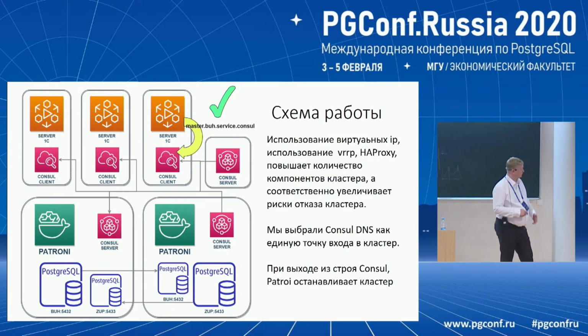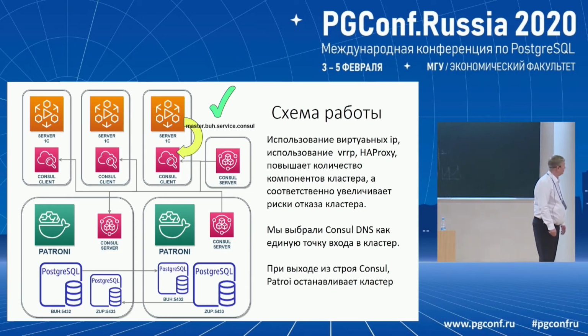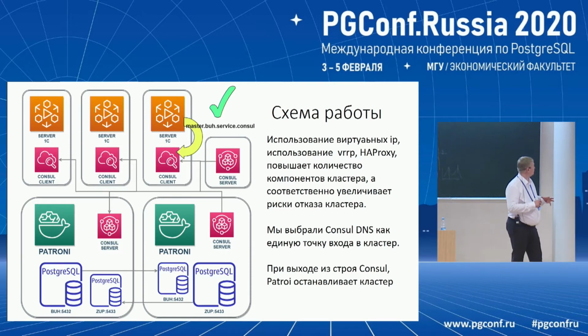But we do not have split brain, and the two masters do not happen. We reduced the number of components in the system to ensure stability. I will also tell you how this happens from the Consul point of view, the single point of access, which issues we had and how we resolved them.